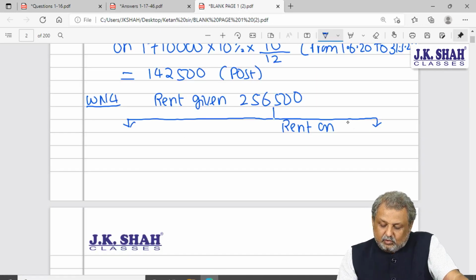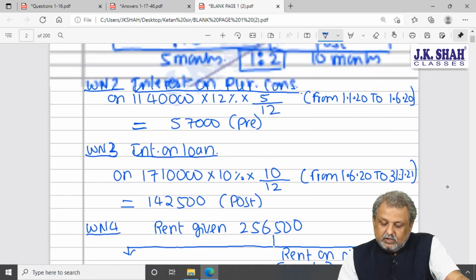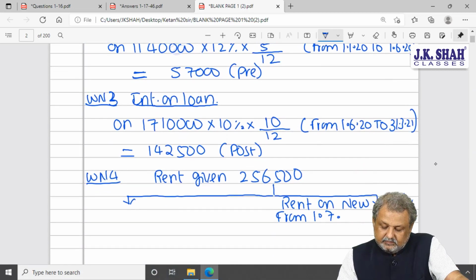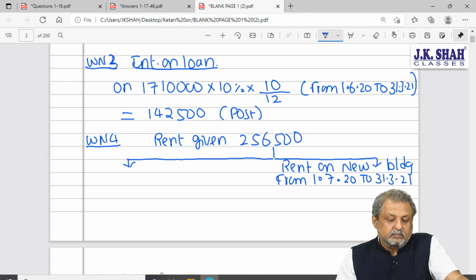So rent on new building from 1st July 20 to 31st March 21.